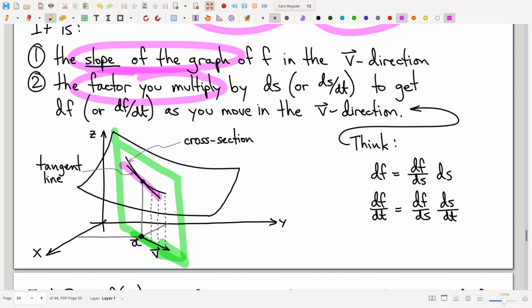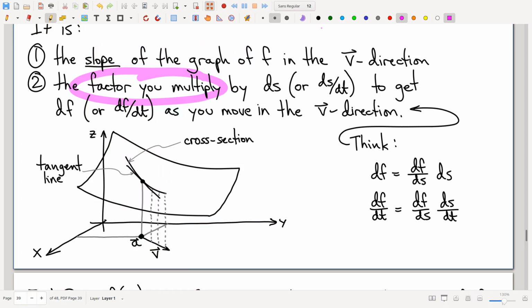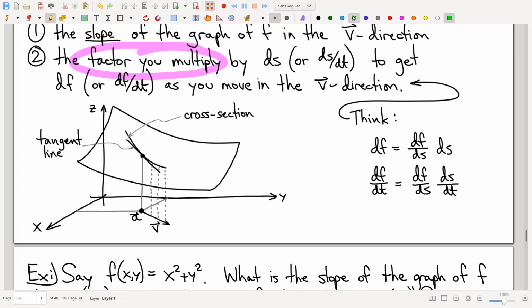Okay. Let's talk about what you just asked about. What's the deal with the ds? So as you're moving in a given direction, as you move in that direction, you'll move in the input by some distance. We're going to use s to represent distance in whatever direction we're talking about. So ds represents how far do I move in that direction. ds dt, if you think about it, s being distance, ds dt just means how fast are you moving in that given direction.